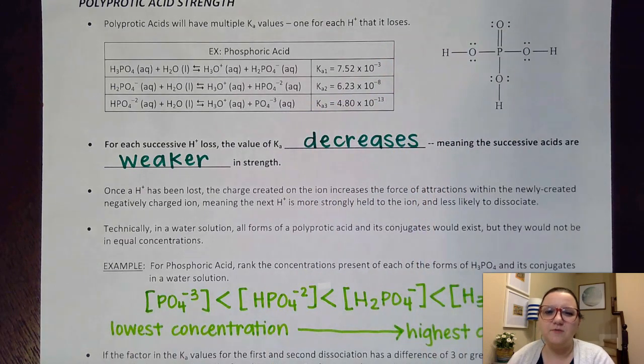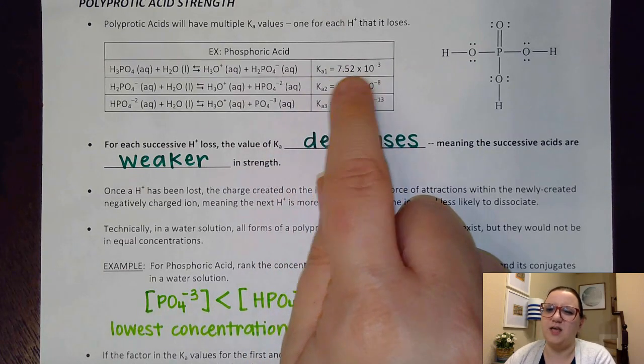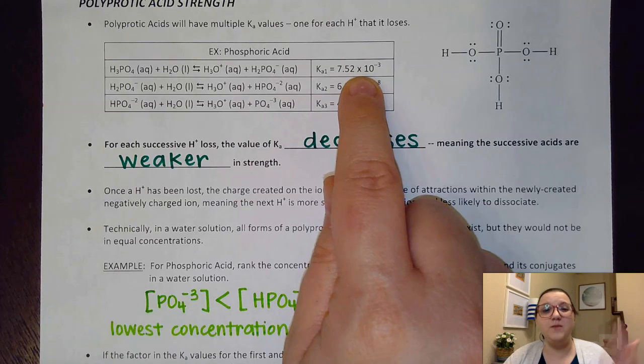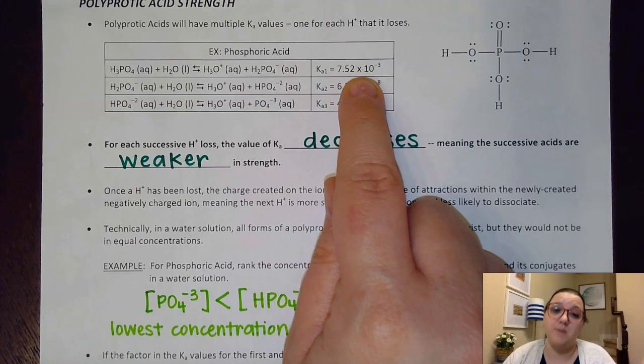That's bigger than a factor of 3. So if I was trying to calculate the pH of this solution, I would probably only use this first Ka value to approximate the amount of hydronium that I'm making.